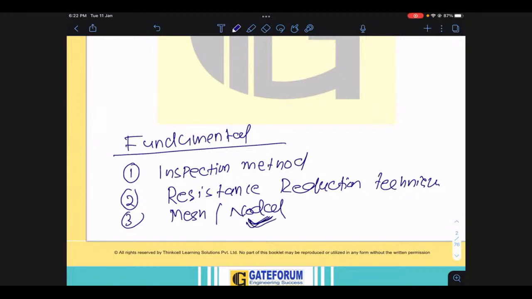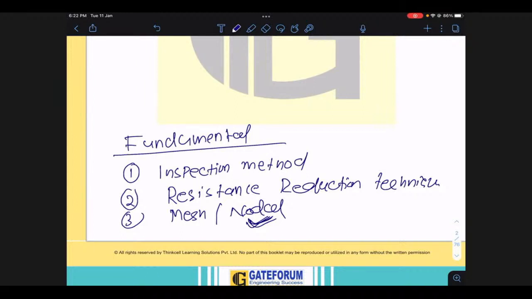Generally, in the GATE exam they will not tell you to solve this question by this method or that method, because a single circuit can be solved in n different ways. But which is the right approach? That depends on your experience, how easily or quickly you are able to get the solution. The corresponding method should be selected depending on how the question is framed.